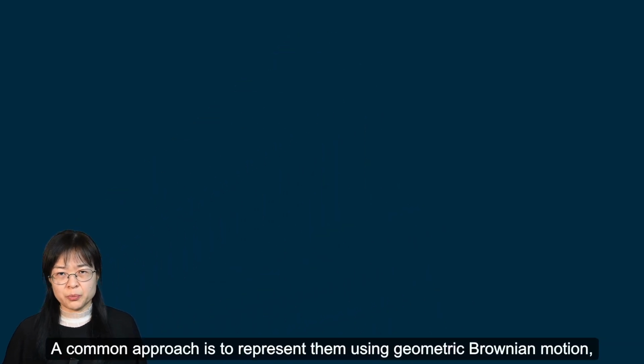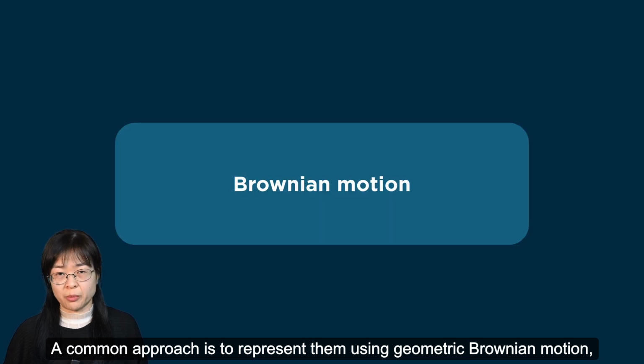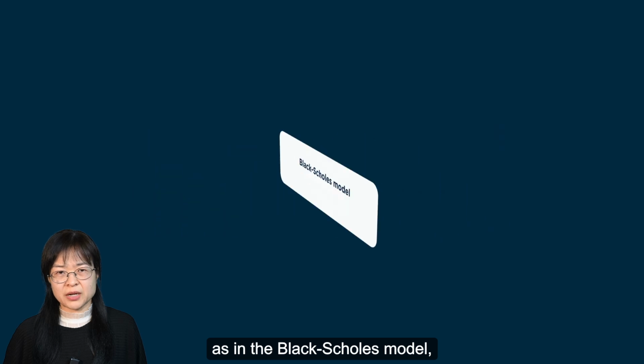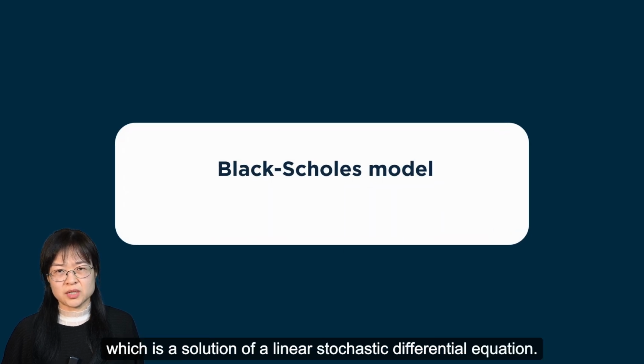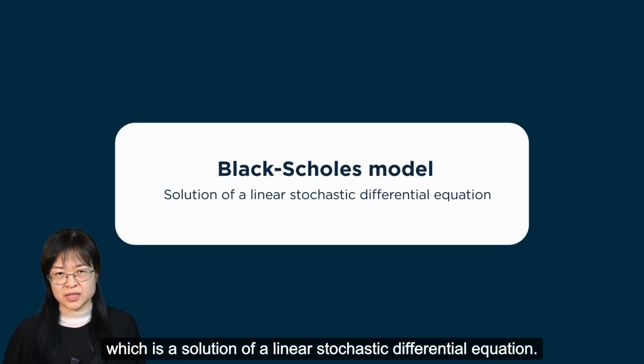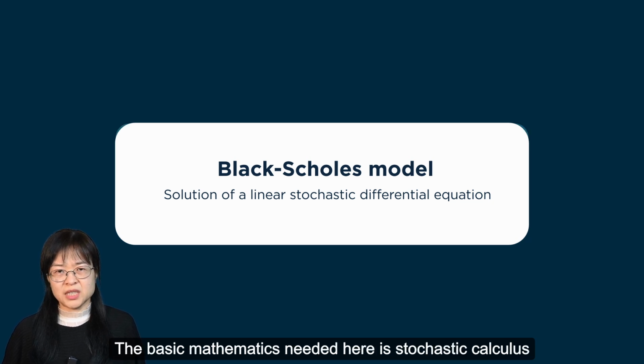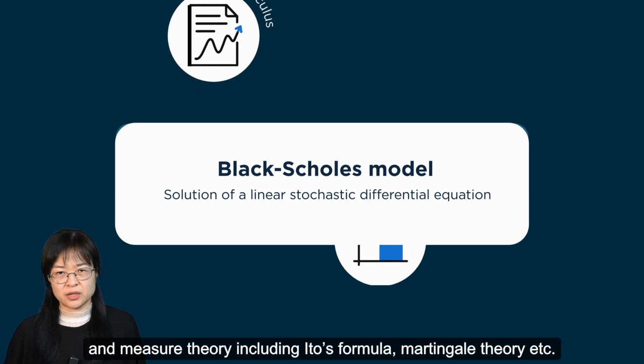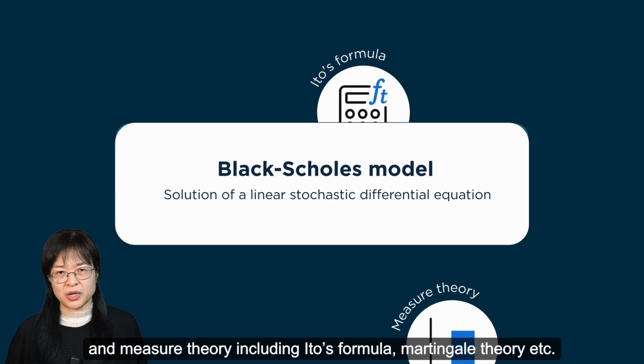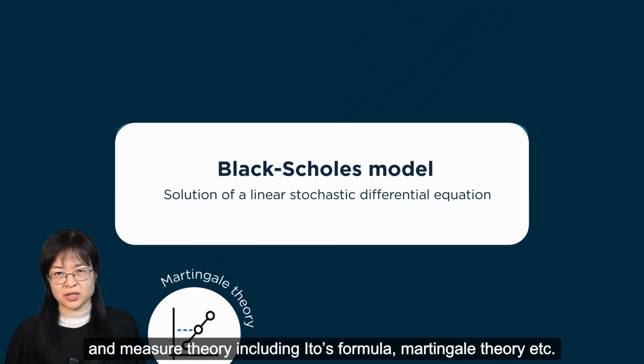A common approach is to represent them using geometric Brownian motion, as in the Black-Scholes model, which is a solution of a linear stochastic differential equation. The basic mathematics needed here is stochastic calculus and measure theory, including Itô's formula, martingale theory, etc.